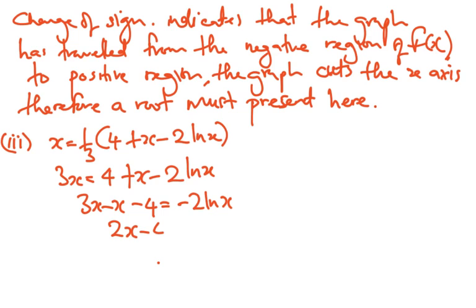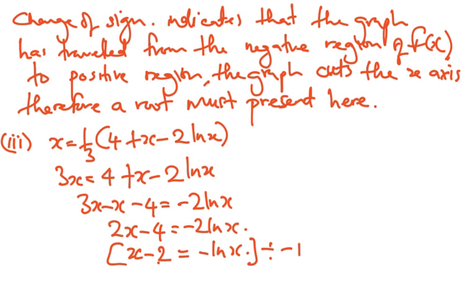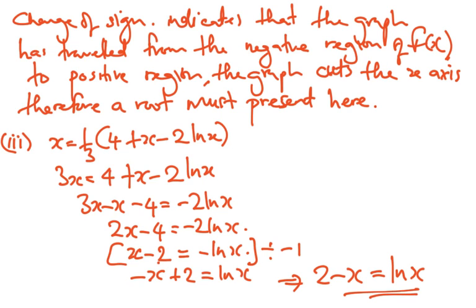So 2x minus 4 equals negative 2 ln x. Divide everything by 2, which gives you x minus 2 equals negative ln x, and divide by negative 1, which gives you negative x plus 2 equals ln x, which I can rewrite as 2 minus x equals ln x.